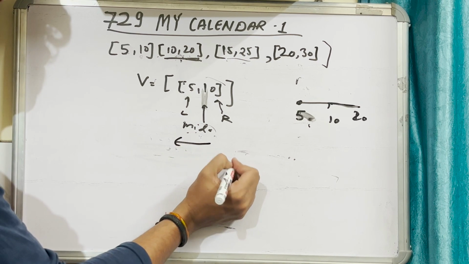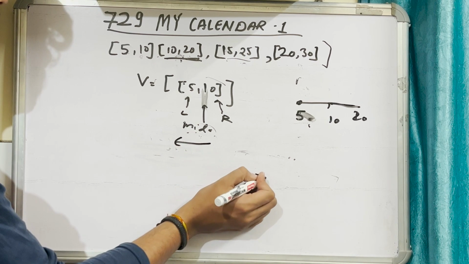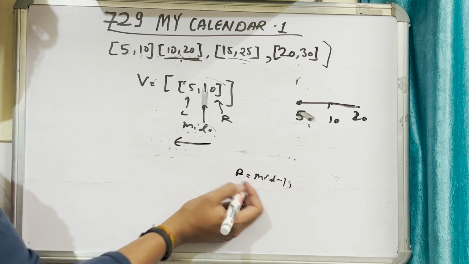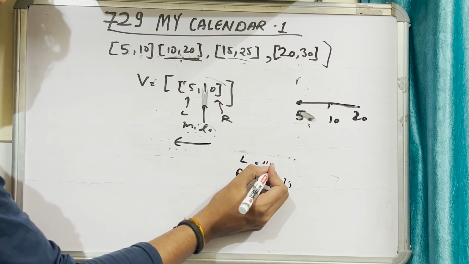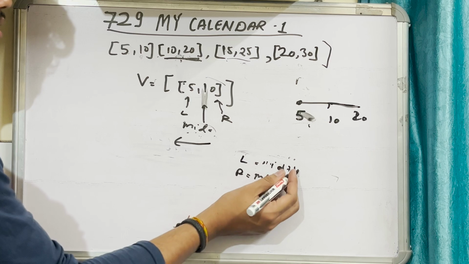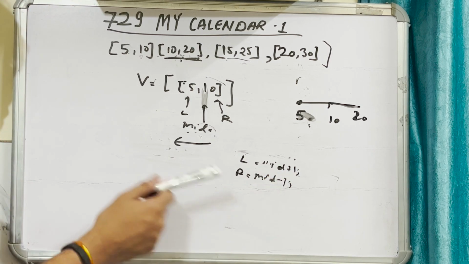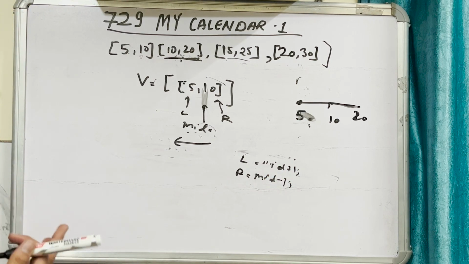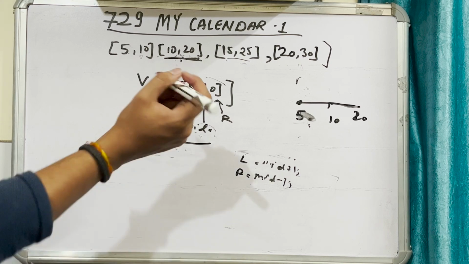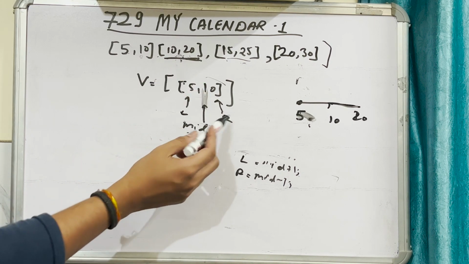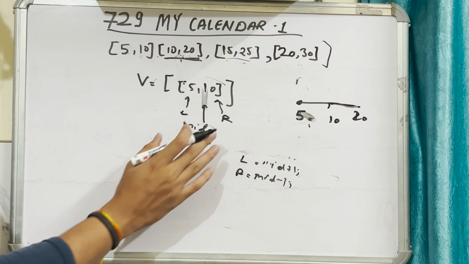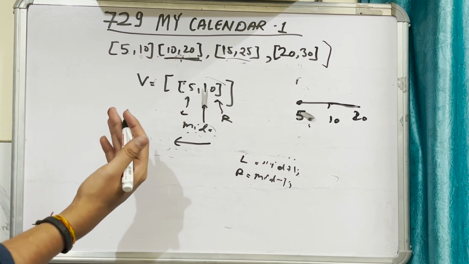Then what you'll do, right equals mid minus 1. Left was mid plus 1. Then you'll be using that simple template of binary search. At last, when the left pointer will reach the end, you will insert the value.